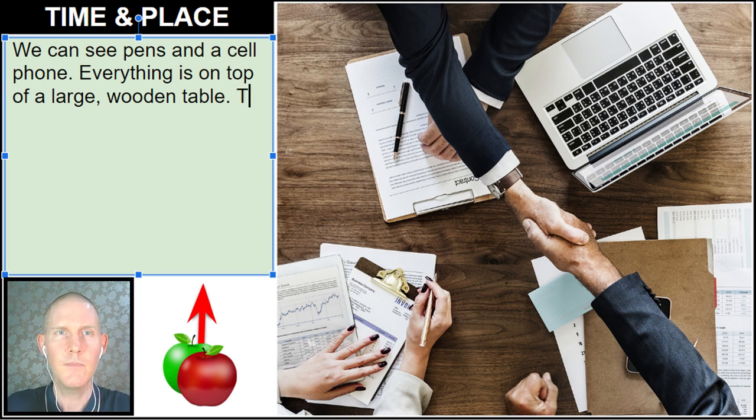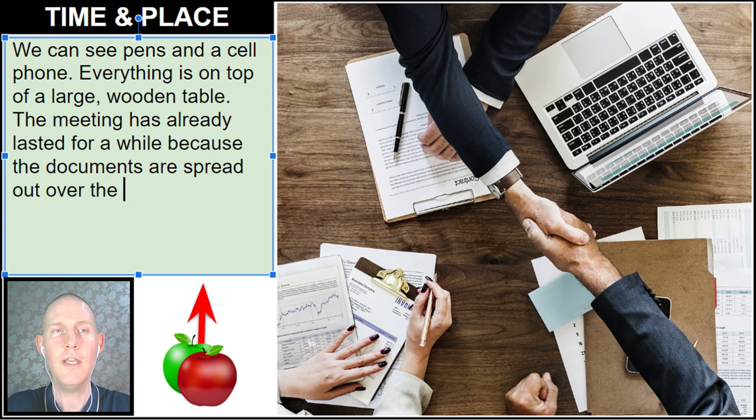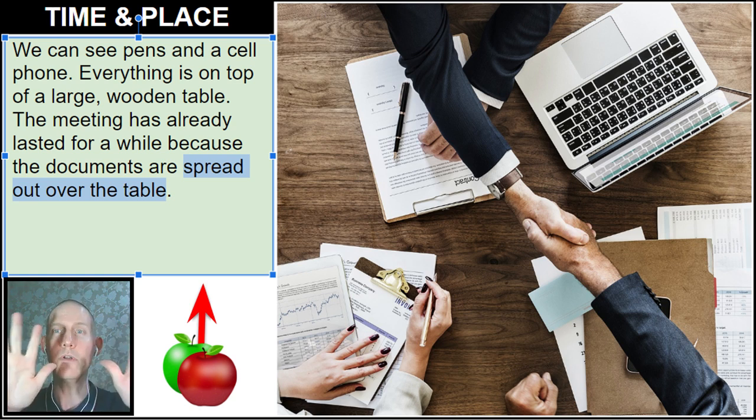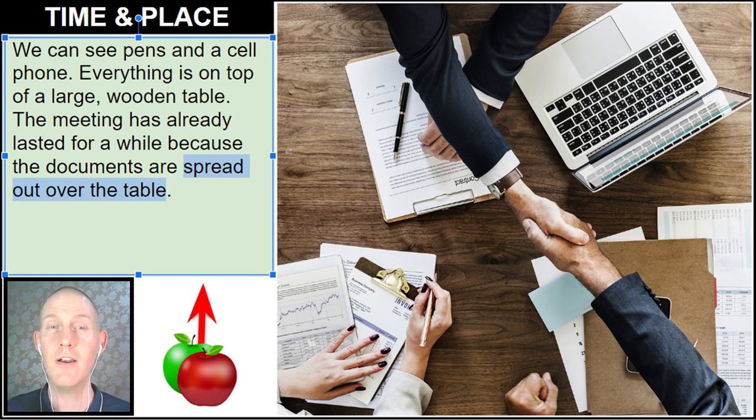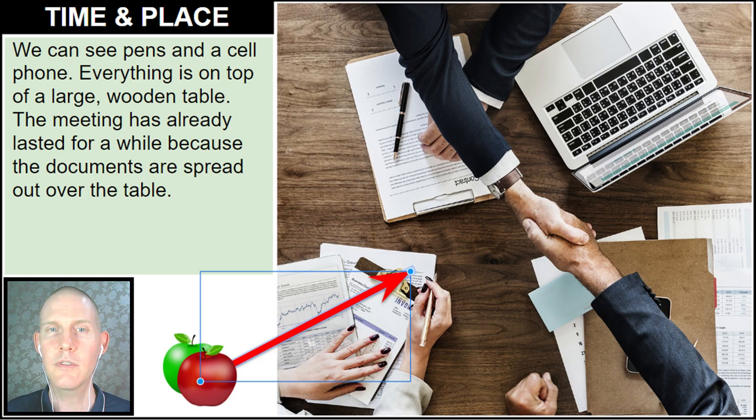All right. Let's see. The meeting has already lasted for a while because the documents are spread out over the table. When we say spread out over the table, it's kind of like they're open, right? They're not all neatly piled. Like we can see the documents in front of the lady. This one's over to the left. This one's a little bit to the right.